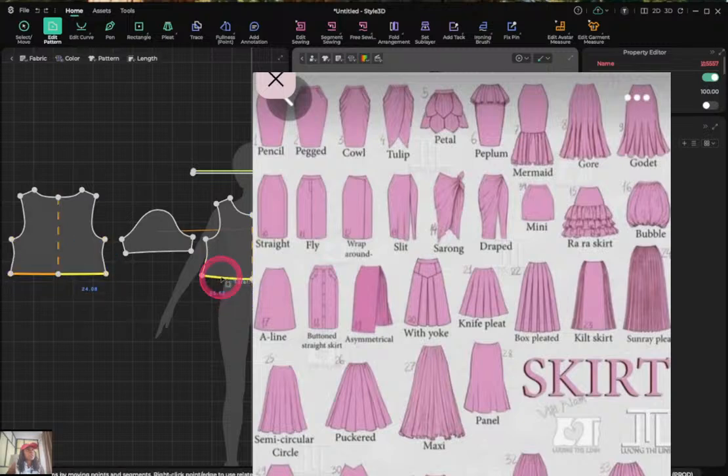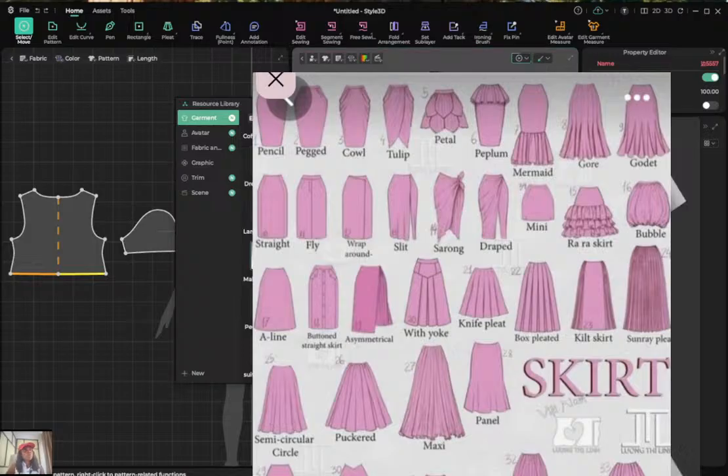I'm going to make it a crop top. Let me bring in the skirt, then I'll make the top better. Let's go to the basic skirts, open, add, and boom.